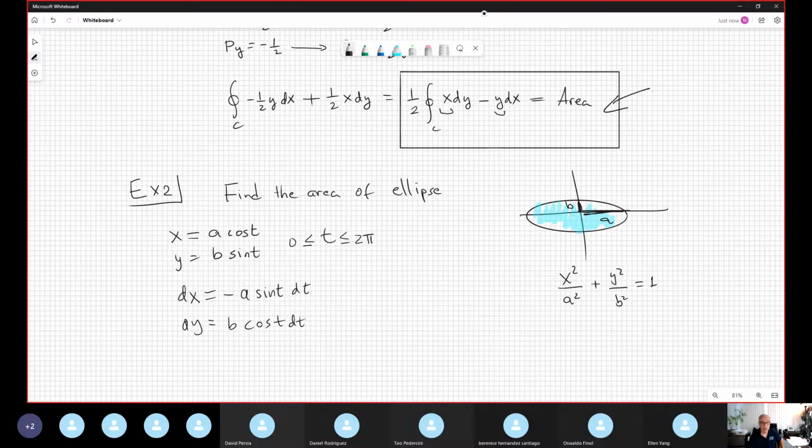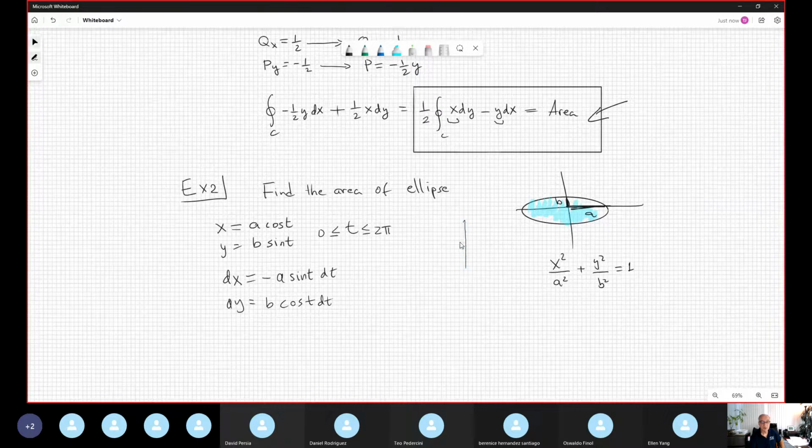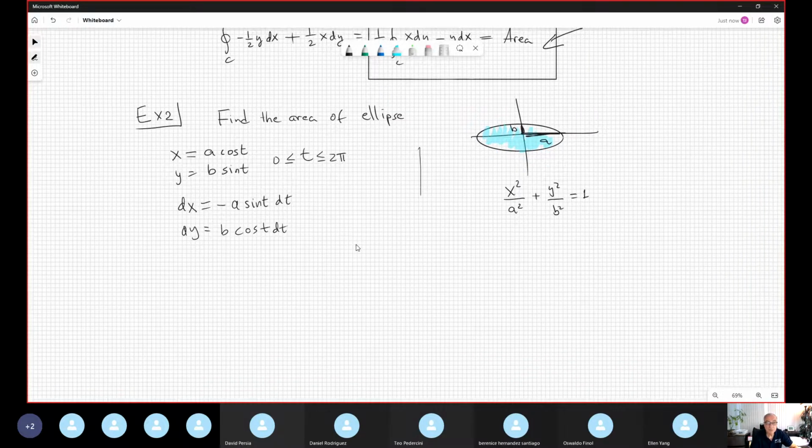Okay, so plugging in, where? In the formula. The area I am trying to find is one half of the integral.